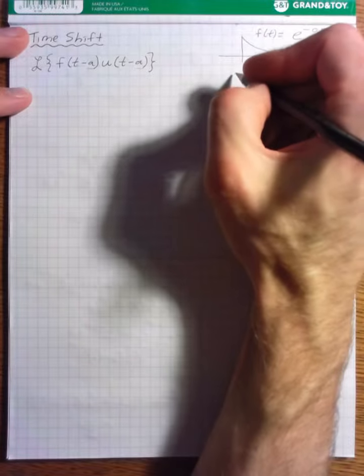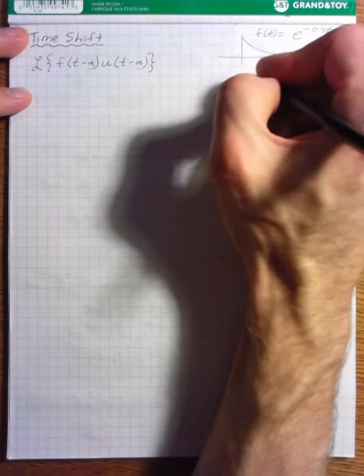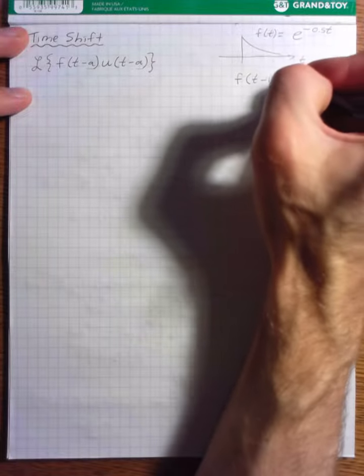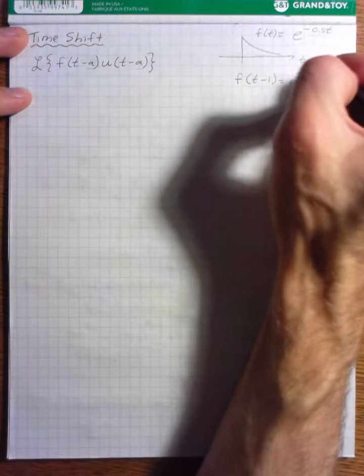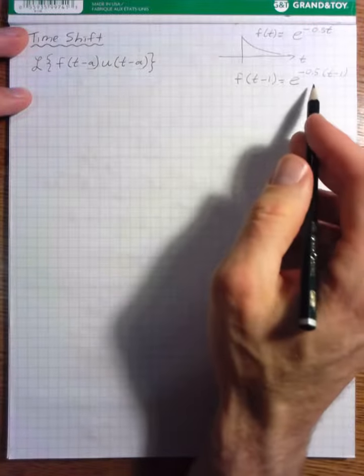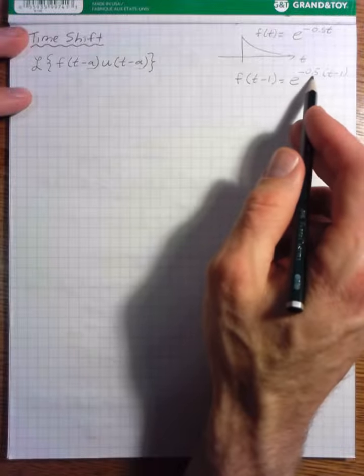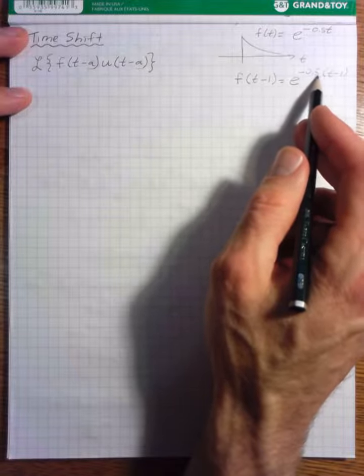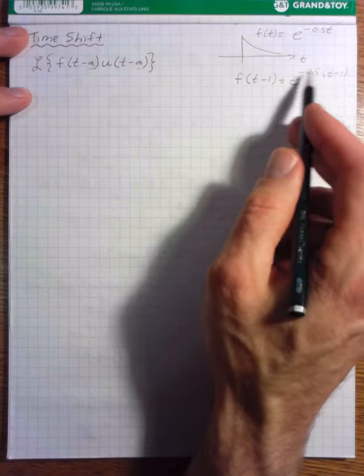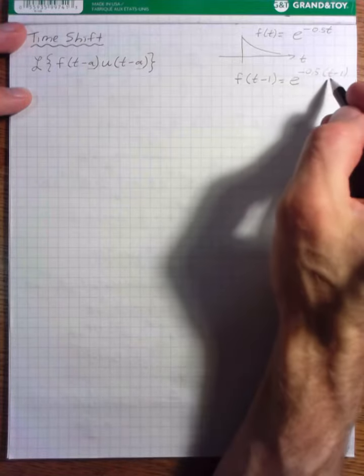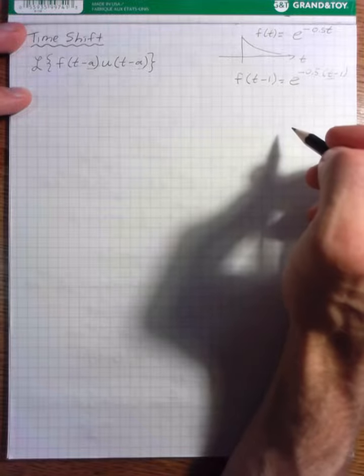Now if we delay this signal, let's say we delay it by 1 second. This then is e to the minus 0.5 times t minus 1. And there's nothing really in this function that restricts it from having a value for any value of t, right?